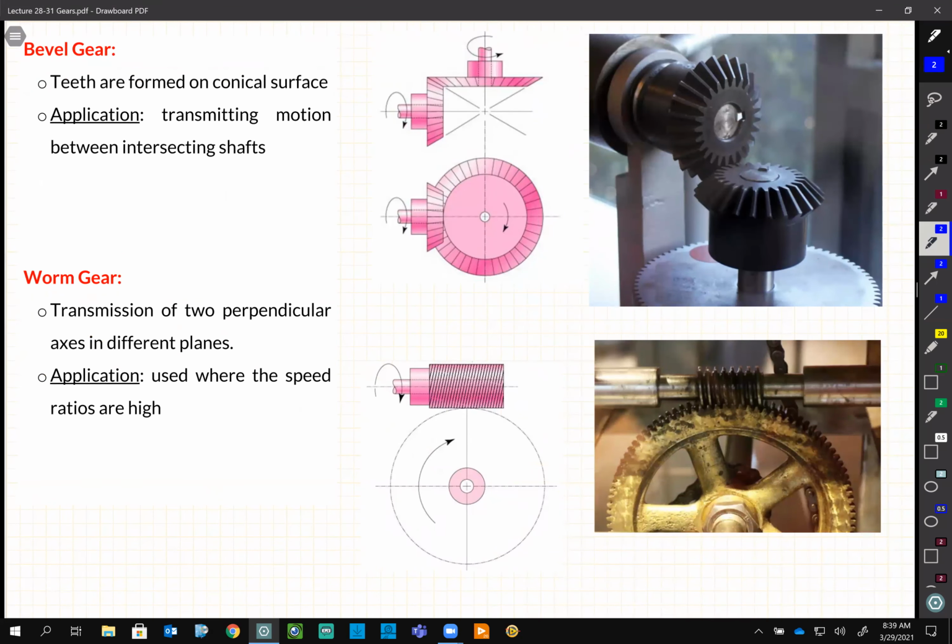And then two other types of gears. One is the bevel gear, in the picture on the right. In an in-person setup, I usually brought a big box of gears to class so students could see them.